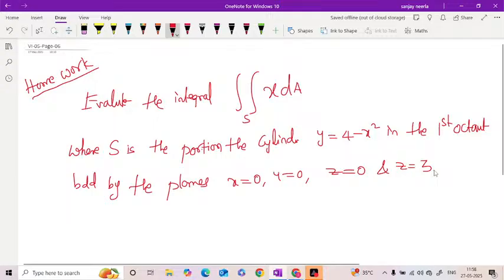Okay, this problem also we can solve in two ways, by taking the yz plane or by taking the xz plane. So try to practice the problem.